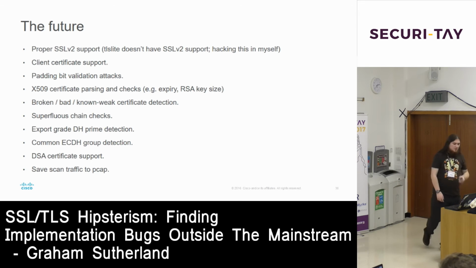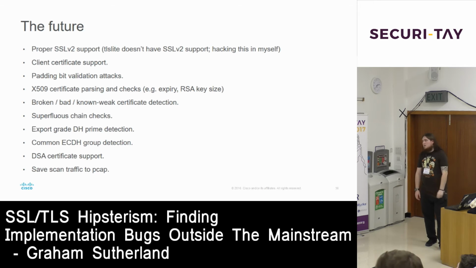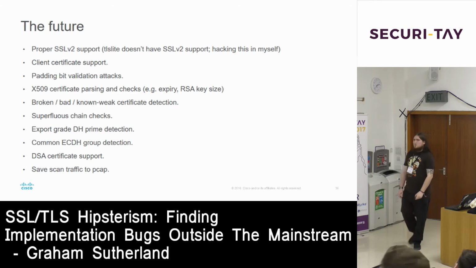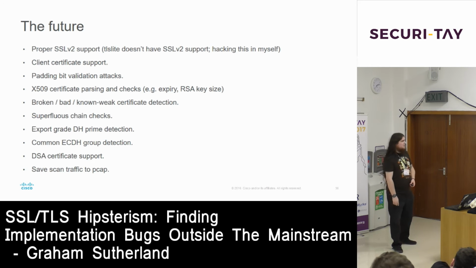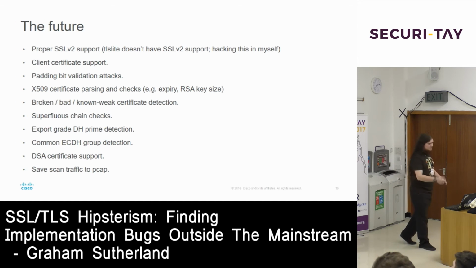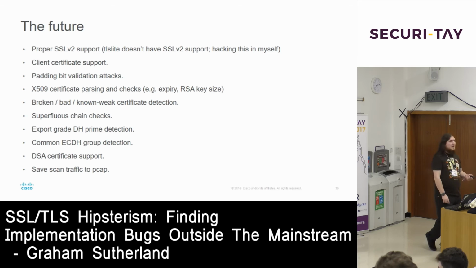And of course also look for broken, bad, and known weak certificates. Like I mentioned the Debian certificate generation bug, there are a few others as well. For example, picking an RSA modulus of like 3. If it's a really small modulus, it causes all sorts of problems. Is it modulus? I can never remember.